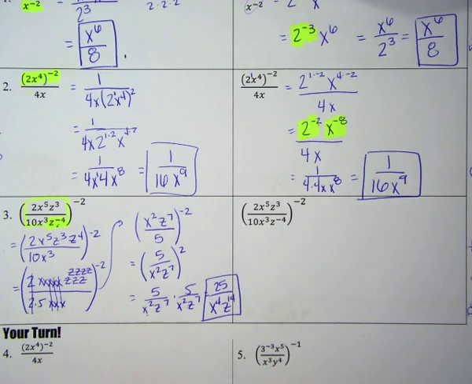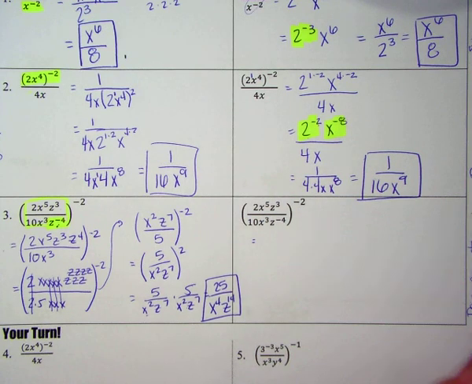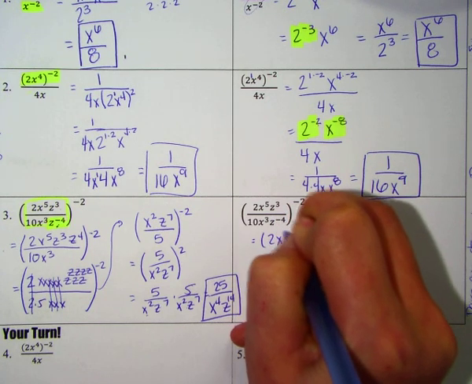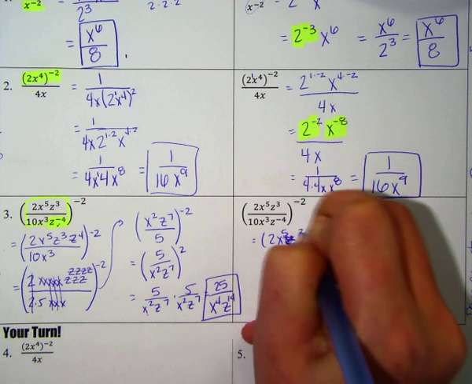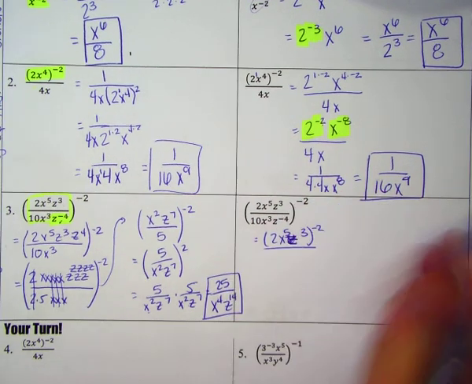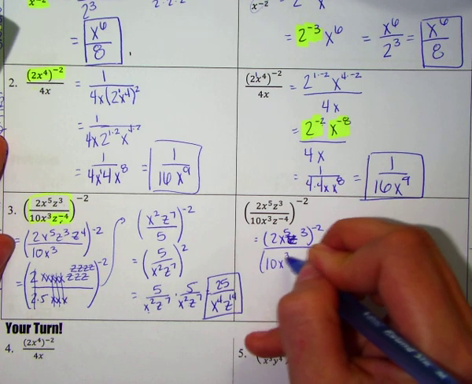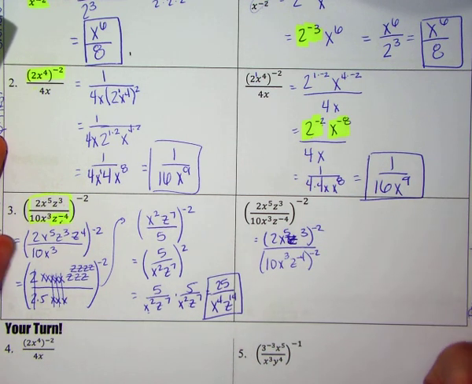Method 2, what I'm going to choose to do first is raise the numerator to the negative 2 power and raise the denominator to the negative 2 power. So this will become 2x to the 5th, z to the 3rd, to the negative 2 power, over 10x to the 3rd, z to the negative 4th, to the negative 2 power.